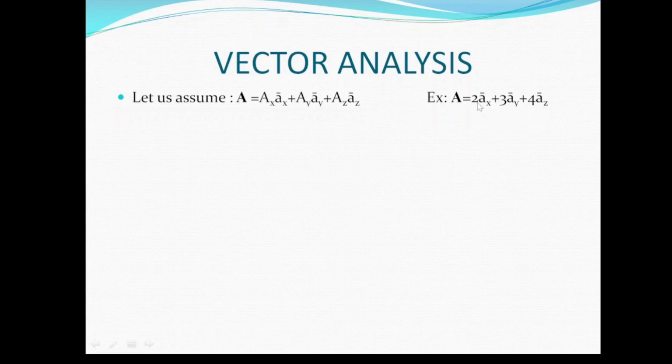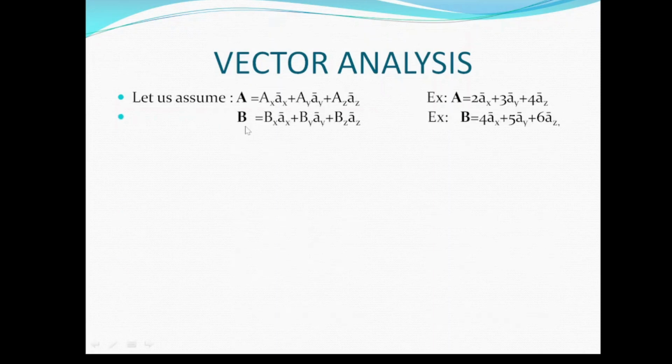So 2 is the magnitude along the x-axis, 3 is the magnitude along the y-axis and 4 is the magnitude along the z-axis. So capital Ax, capital Ay, capital Az are magnitudes, and small ax, small ay, small az are unit vectors, or directions of the vectors.